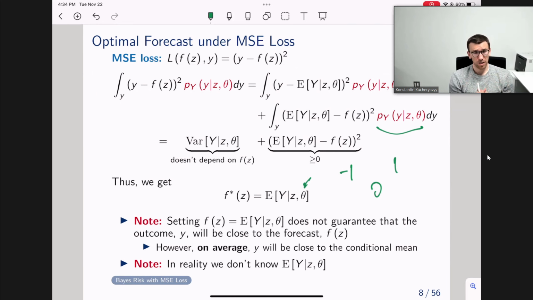The quadratic loss function doesn't work. And of course, the second observation here is that in reality, we don't know this object. We don't know this guy. And that's where the second step comes in this two-step approach. Now, as we derived the optimal decision rule in the population, we need to somehow estimate it given the data.